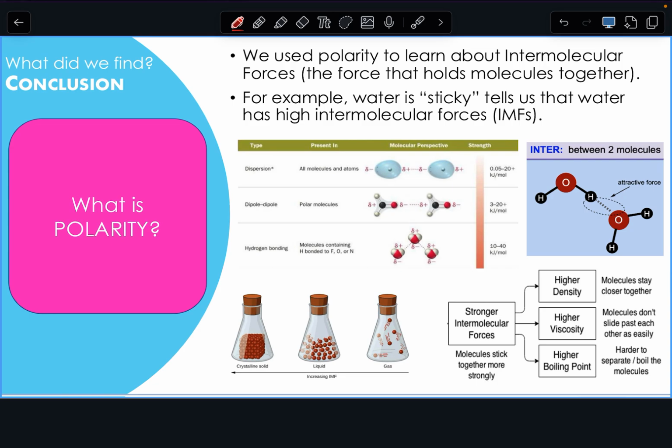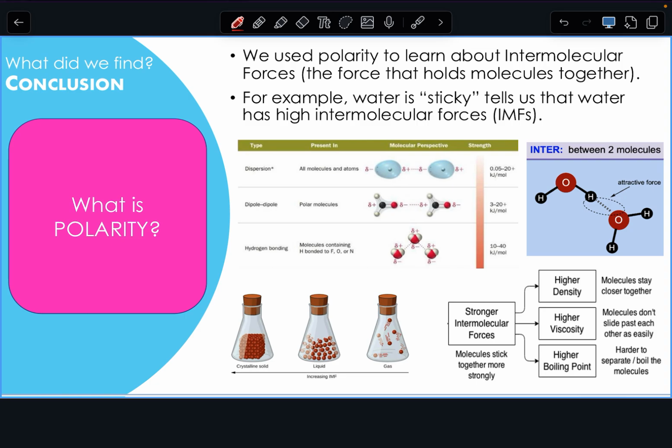And let's go back to that water and hexane. Who cares? Why are we even looking at polarity? Well, polarity then led us to these intermolecular attractions. So this was the first time I mentioned intermolecular forces. So they tell us how sticky something is.